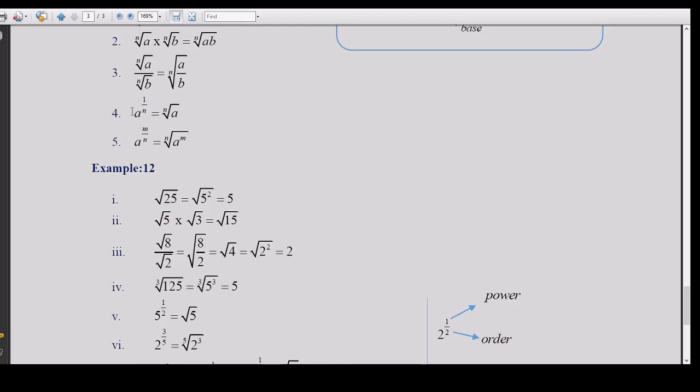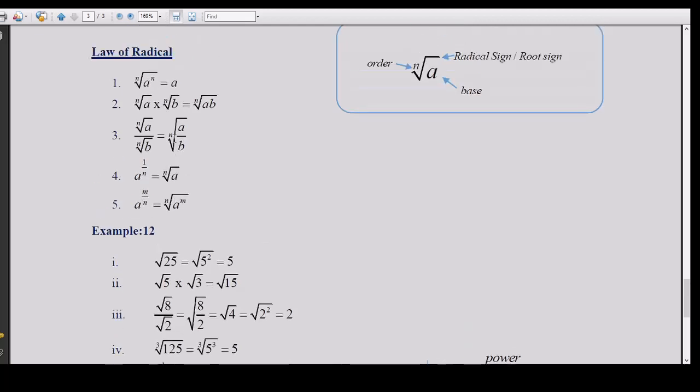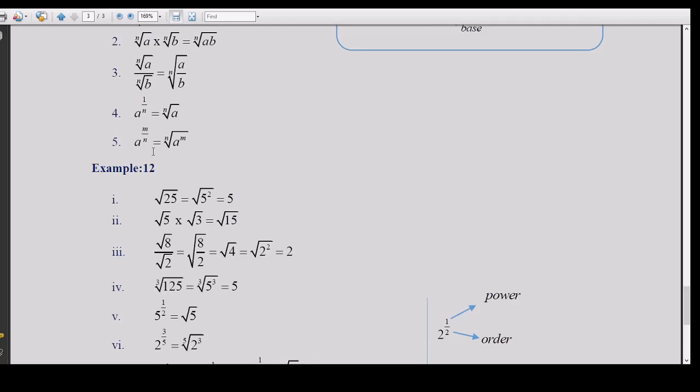Now a to the power 1 by n means a has the power of 1 and the order of the radical sign will be n. a to the power m divided by n will be a to the power m, with the order of the radical sign n. Clear? Let us look at the example here. If you write root 25, this is 20, but 25 is a square of 5, isn't it?